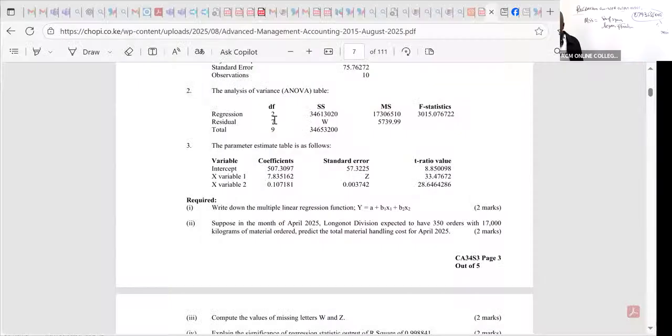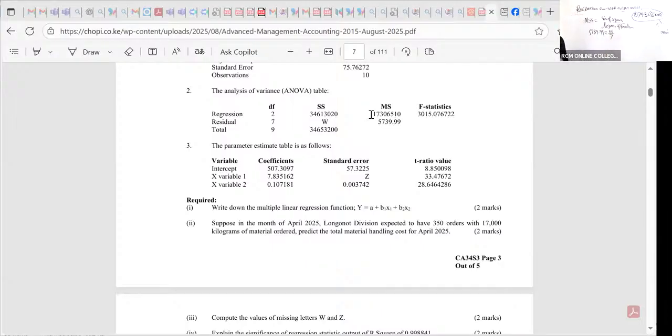So where they have given us this W, you can see 7W and this one here. So the mean sum of squares is 5739.99, which equals sum of squares that is not known, which is being called W, divided by the residual degrees of freedom, which are how many? 7.